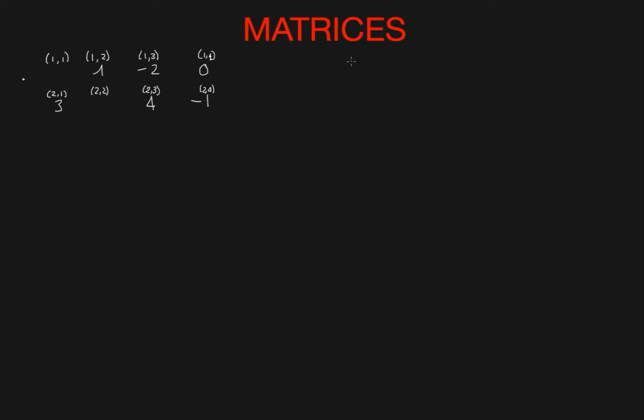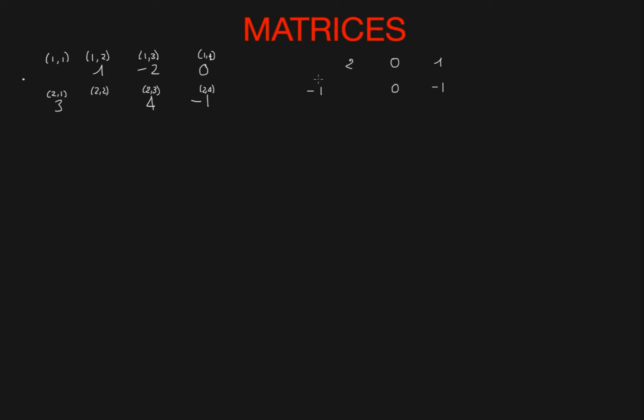So if we take another object of the same kind, so let's say we start with 2 and then 0 and then 1, and then let's say -1 and then 0 and then again -1. Okay, so you see this object is similar, so it's a collection of numbers placed in certain particular positions.